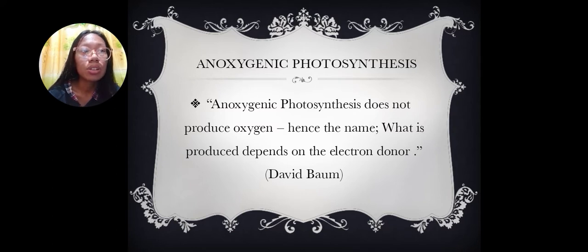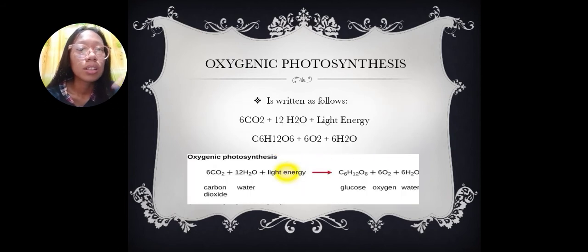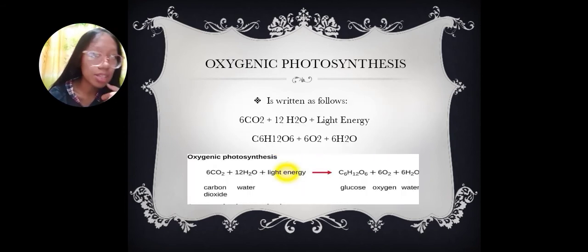byproduct. Though both types of photosynthesis are complex, multi-step affairs, the overall process can be neatly summarized as a chemical equation. So, oxygenic photosynthesis is written as follows. There are 6 molecules of carbon dioxide, CO2, combined with 12 molecules of water, or H2O, using light energy.